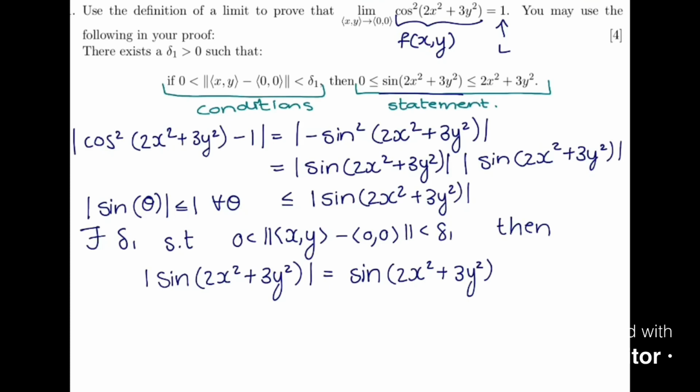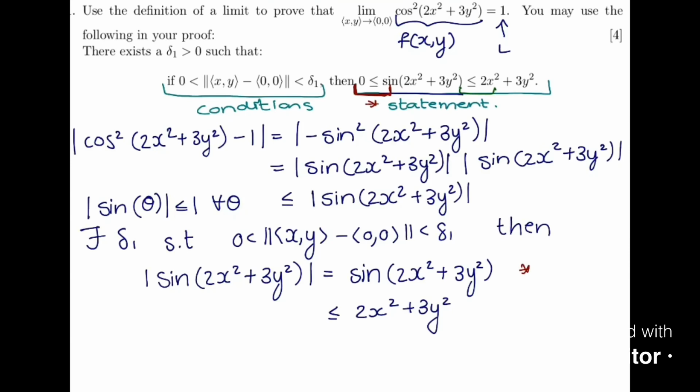And the reason for that is, now I'll just use a different color, it is this side of the inequality, sorry. So let's call it star, a red star. And then we can say, well, this is less than or equal to 2x squared plus 3y squared. And this comes from the other side.